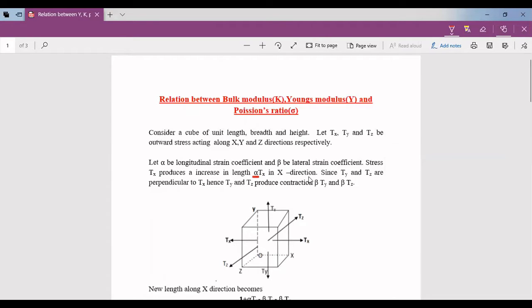Since Ty and Tz are perpendicular to Tx, they produce a contraction of beta Ty and beta Tz.